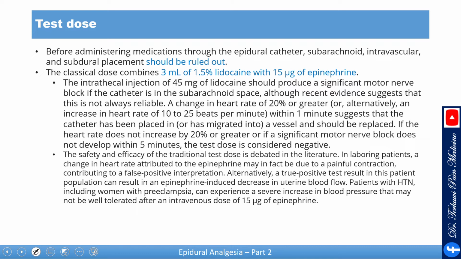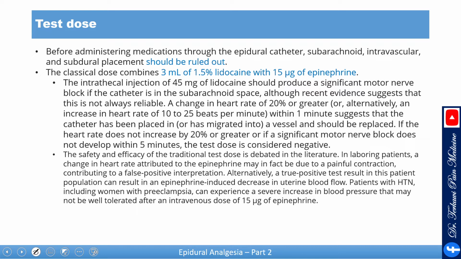The other thing, a change in heart rate of 20% or greater within 1 minute suggests that the catheter has been placed in a vessel and should be replaced. If the heart rate does not increase by 20% or greater, or if a significant motor nerve block does not develop within 5 minutes, the test dose is considered negative.